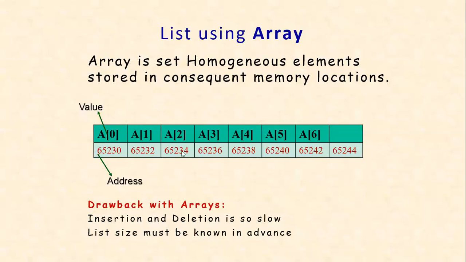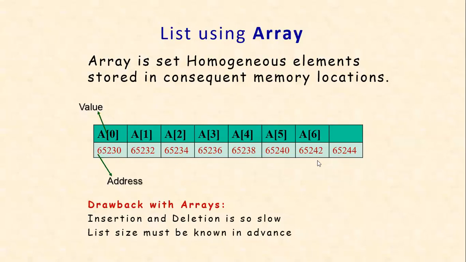But in the implementation, using array has some drawbacks. Suppose let us say I have 1 lakh elements. So for 1 lakh elements, I have to declare an array of size 1 lakh. So that much memory will be used, and that much memory must be in consequent memory locations.